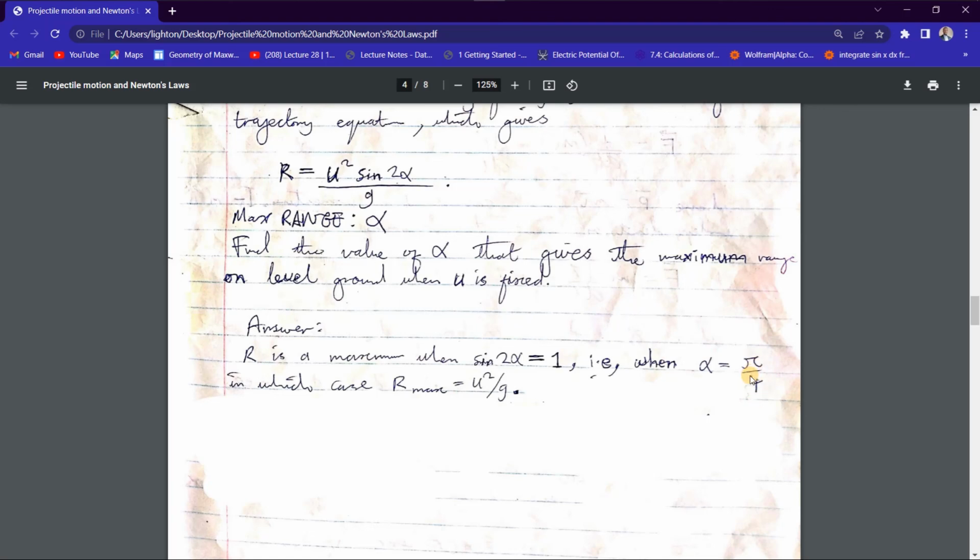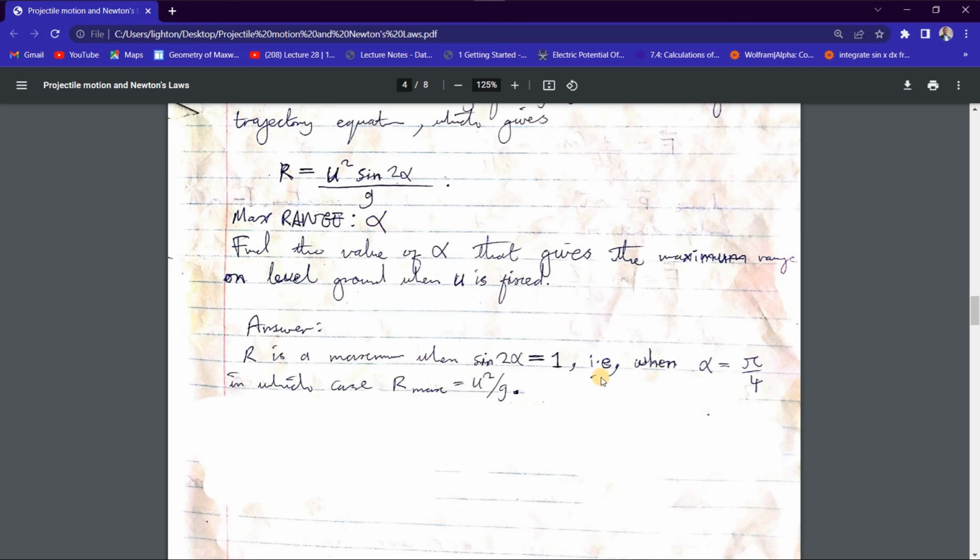When you substitute this in the expression, sine 2 alpha becomes 1, so r max equals u squared over g.